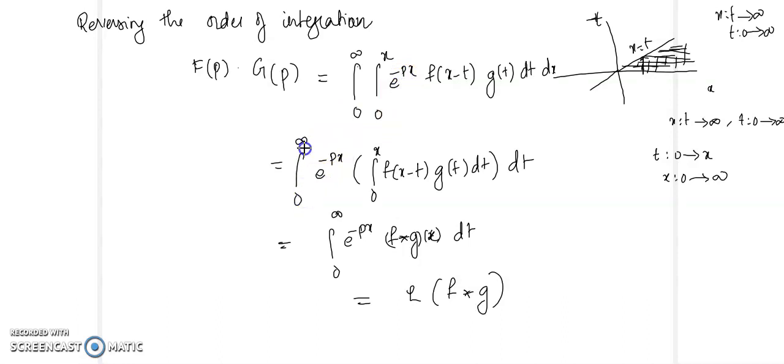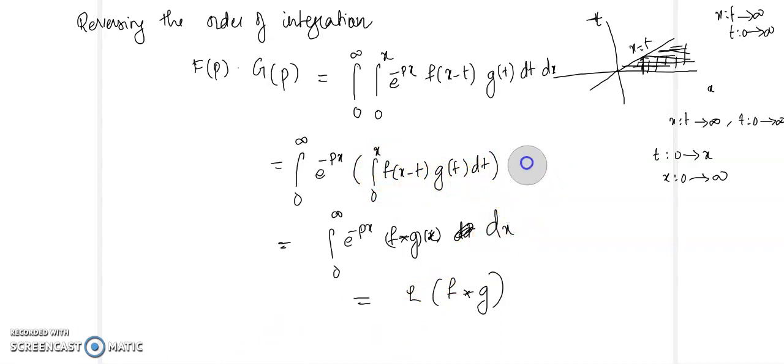So you will get integral 0 to infinity e raised to minus px into integral 0 to x f of x minus t g of t dt dx.